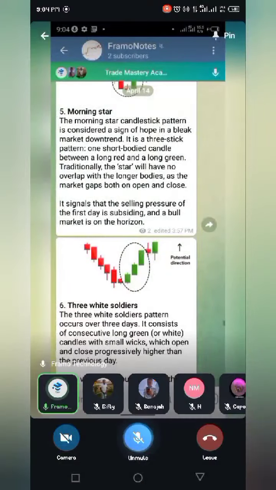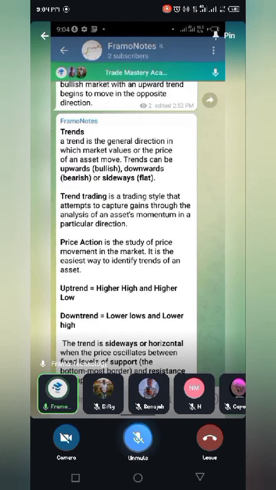So I will take this opportunity to talk about trends. Then tomorrow we learn about the other types of patterns that we are supposed to know. With candlestick patterns, we have covered almost 90% of what we are supposed to know in technical analysis. Maybe if there are other special patterns, we will drop them and learn about them. But keep in mind, this is psychology.